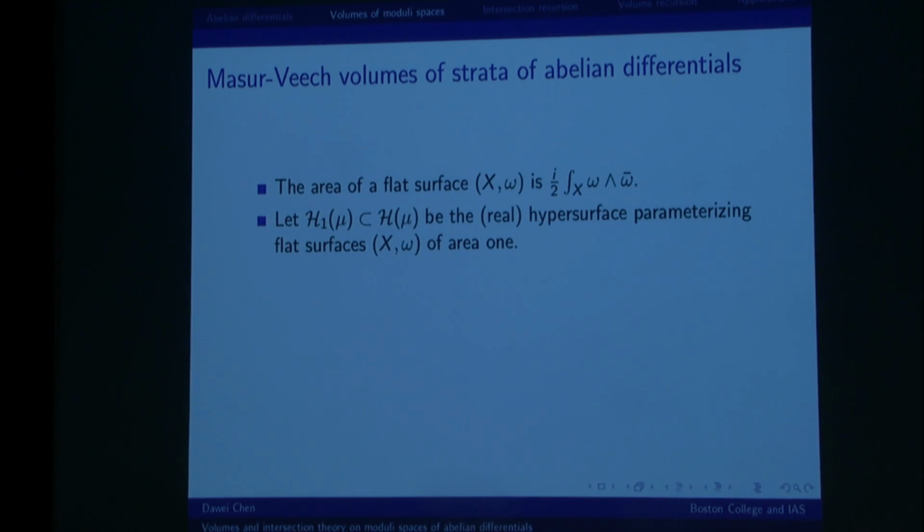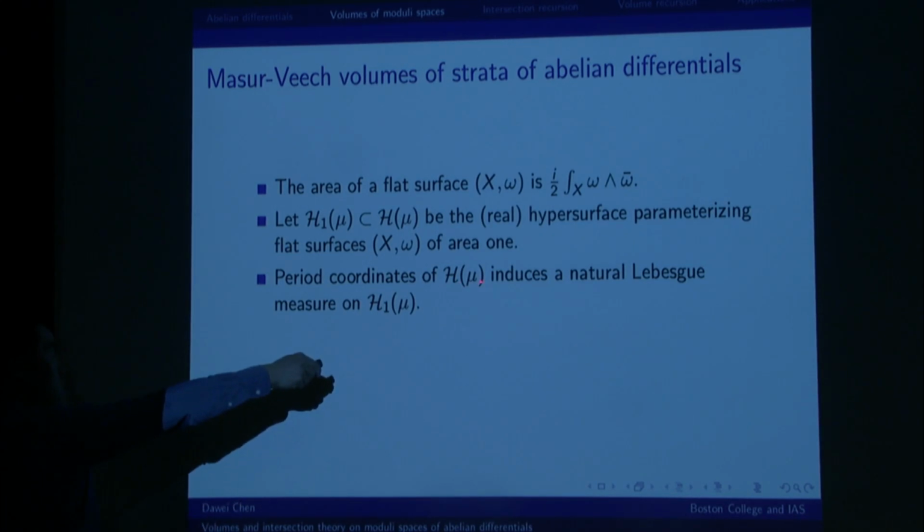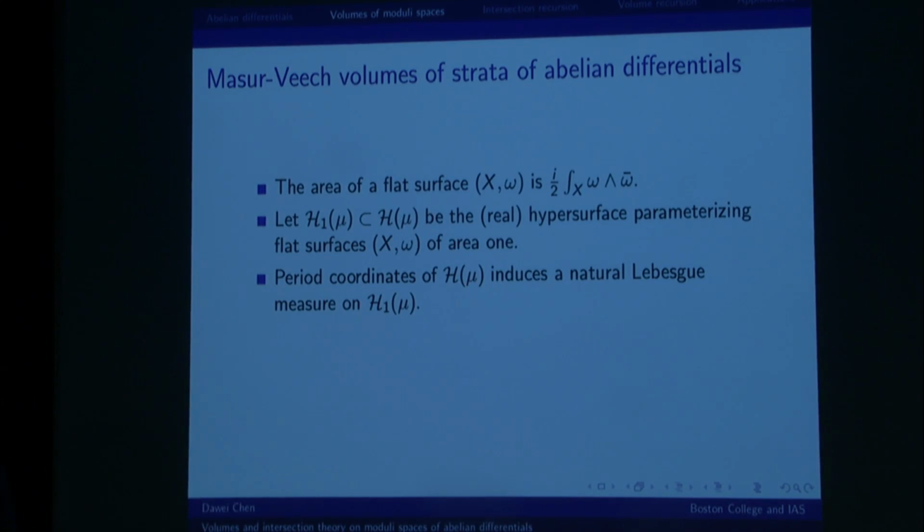Okay. Well, then I still need some volume form in order to speak of a volume. So let's recall that this space H mu has a local coordinate system, given by the integration of omega against some path. They are called period coordinates. That means locally I can model my space H mu as a standard complex 2g plus n minus 1 dimensional space. I just take the standard Lebesgue measure from that vector space.